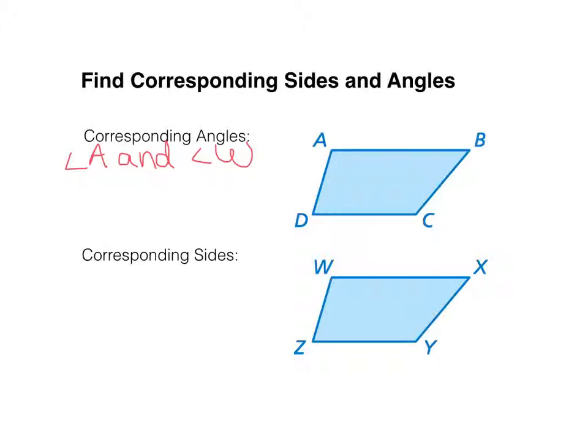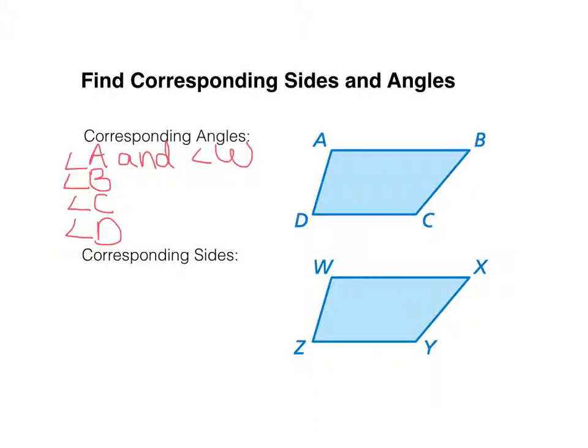Right now, I'd like for you to write in your notes angle A and W. Then I'd like you to write angle B, angle C, then angle D, and find the corresponding angles to B, C, and D. Pause the movie and then press play to check your work.